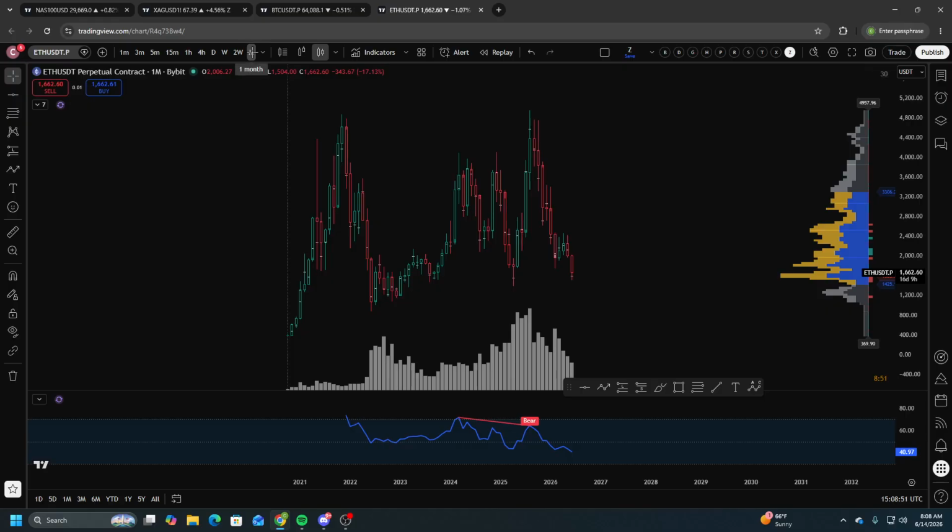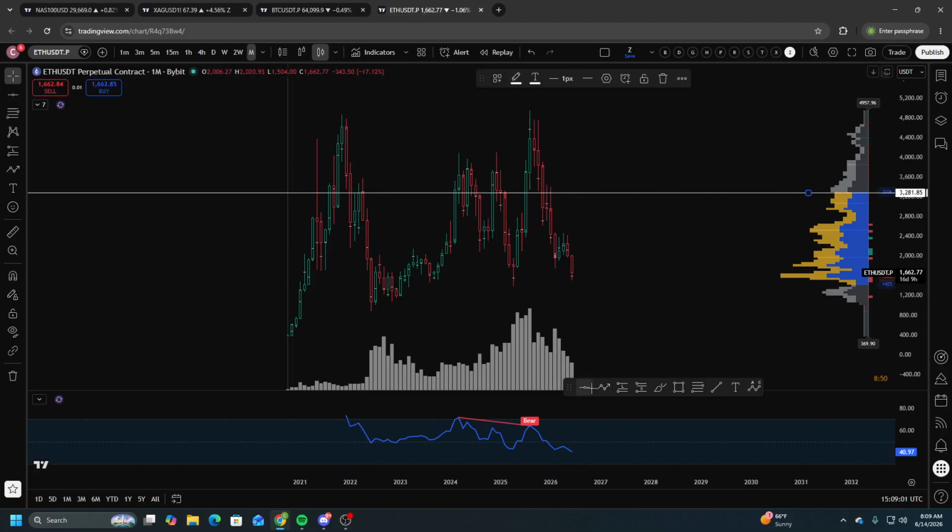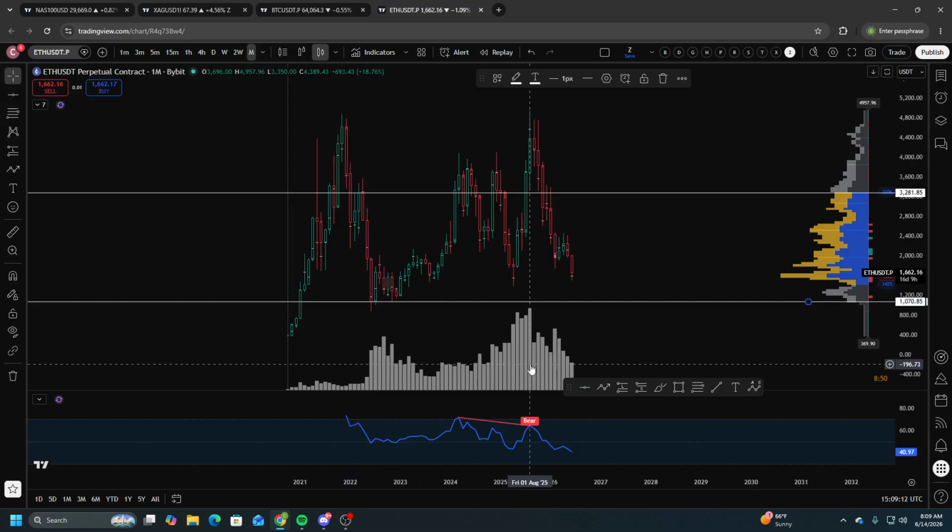So you're going to only want to really do this on the monthly time frame. So in this whole sequence here, you have a failure here. A failure to continue the move up that led to this swing low here. Okay? Now your other failure is right here. The level that we failed to continue the move lower here.